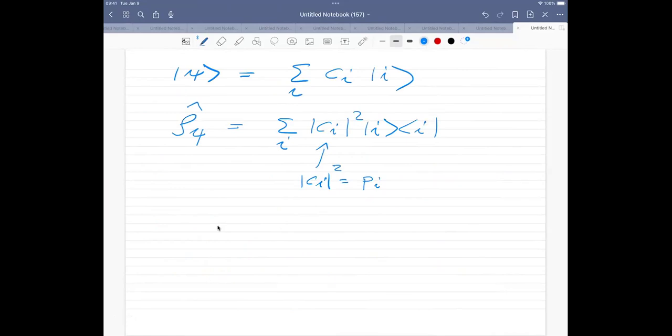And I will try to be consistent and not have hats on that, whereas operators have hats. So this is a probability of being in a state I.